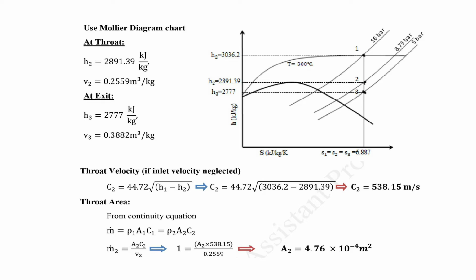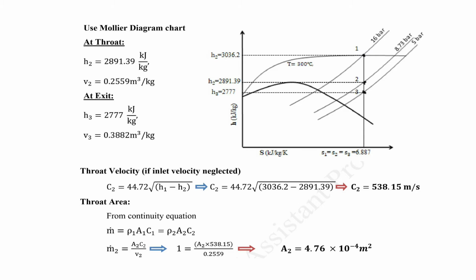and then the throat velocity. If inlet velocity is neglected, you have to use C2 is equal to 44.72 square root of (H1 minus H2) formula. And then the throat area you calculate from the continuity equation. M is equal to rho 1 A1 C1 is equal to rho 2 A2 C2.